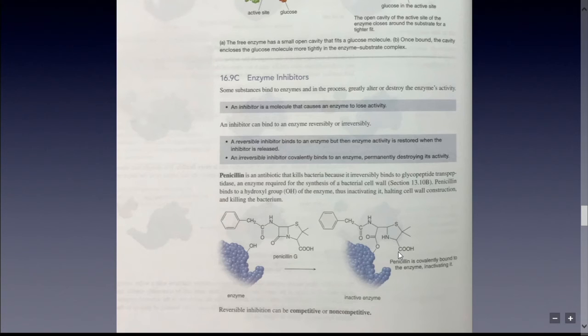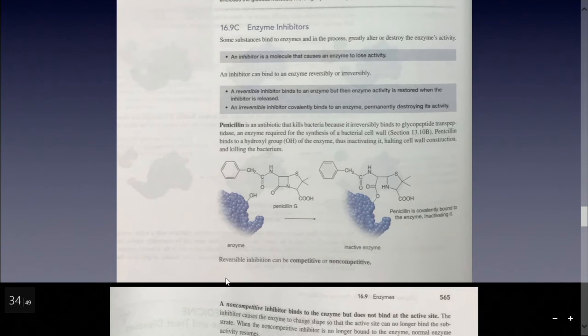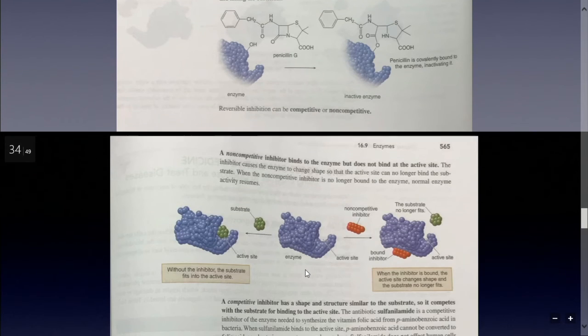And so that's a pretty awesome thing. Now, unless that's not what you want, then that could be a bad thing. But going back to the reversible kind of inhibition, they can be competitive or non-competitive.